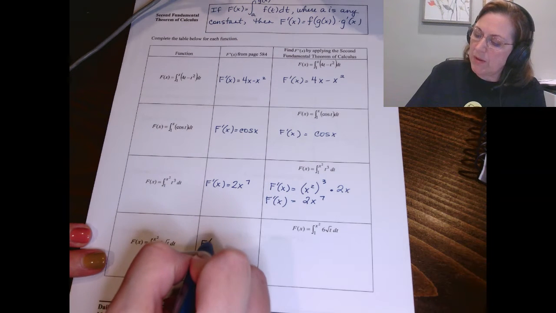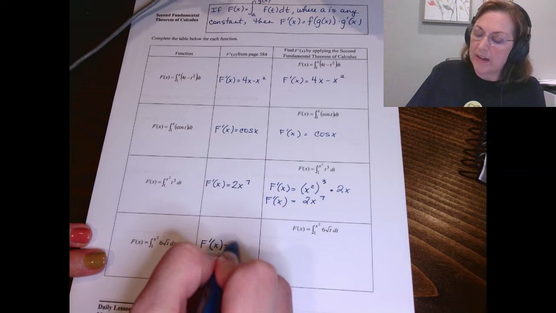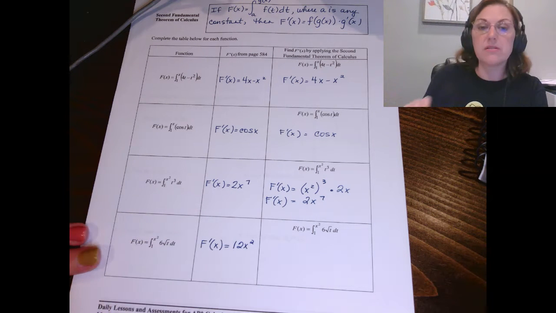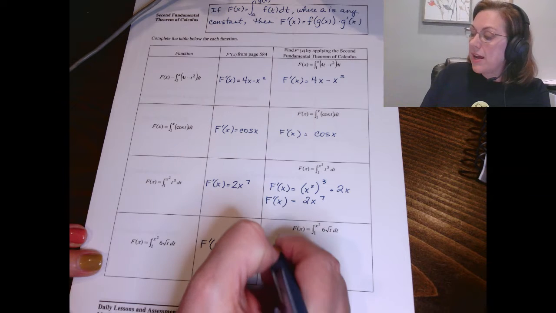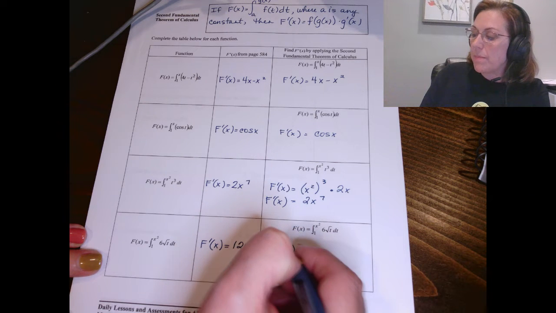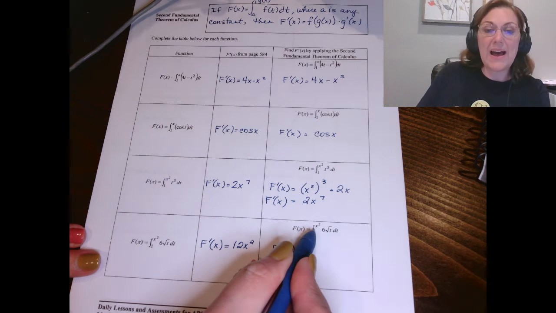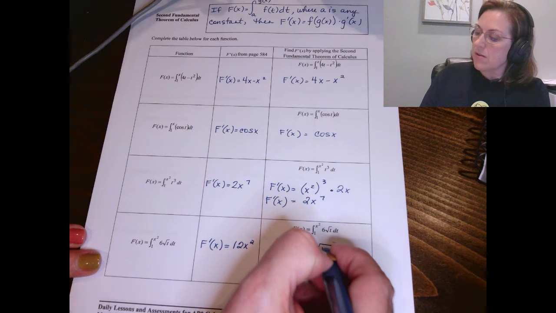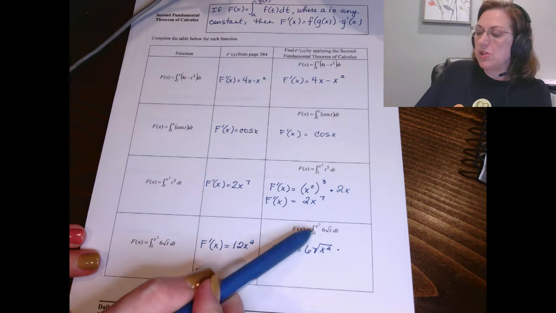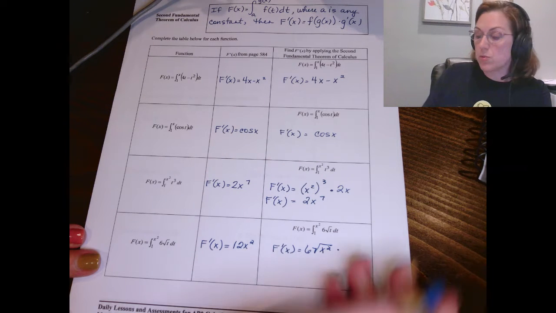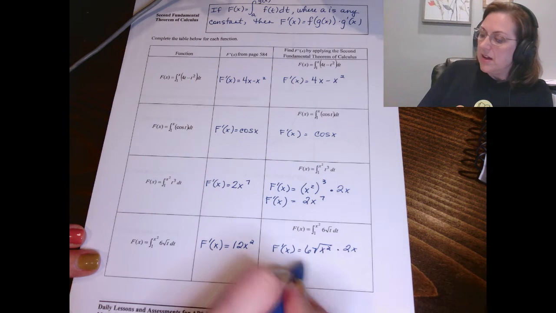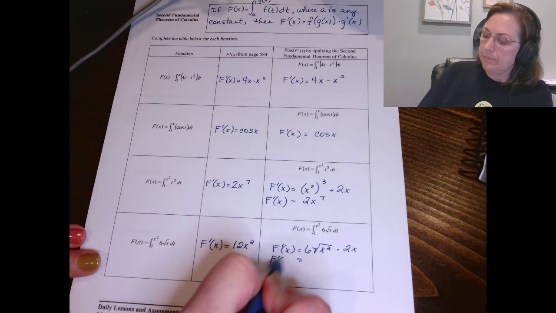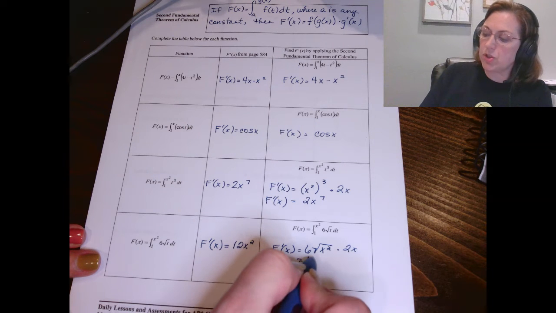So remember when we did this problem, we got 12x squared as our derivative. Let's try it with the second fundamental theorem. We take the bound here and we substitute it in for t. Then we multiply by the derivative of the bound. So the derivative of x squared is 2x. And this is why we get 6 times 2 is 12.